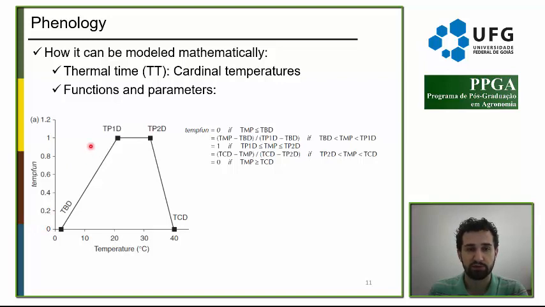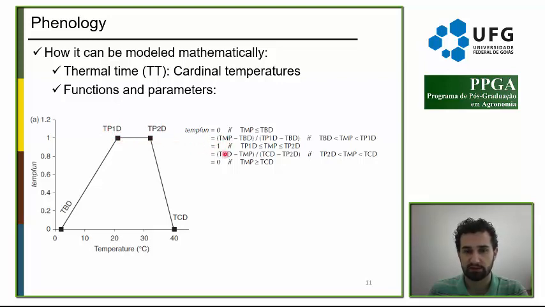Okay, what does this mean? If I have one day in the calendar and the temperature was below this point, the crop will not accumulate development. Okay, and here I have the description for this range from this point to this point. If temperature is between the optimum one and the optimum two, the value is going to be 1.